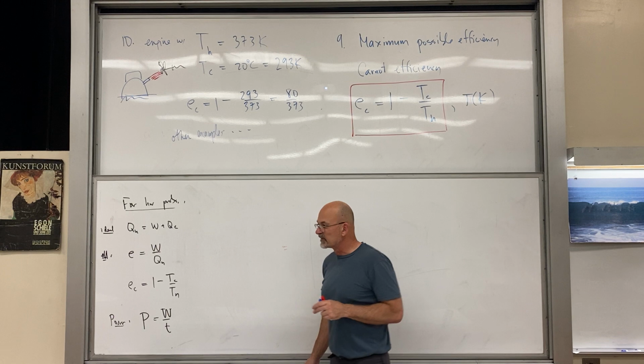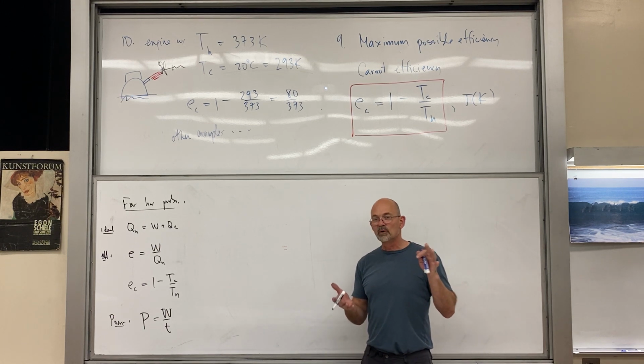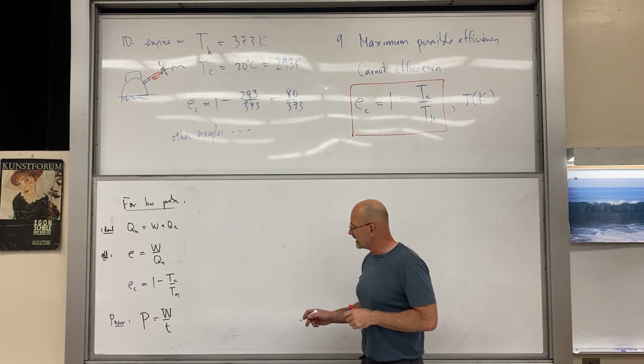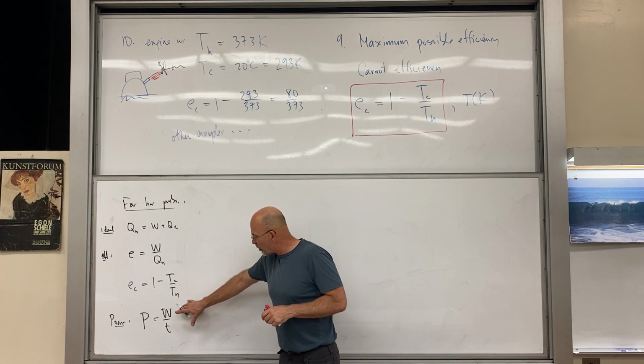Now, one of the problems is about a power plant that's cooling into a river, and so there are also some flow rates involved in terms of the amount of water.